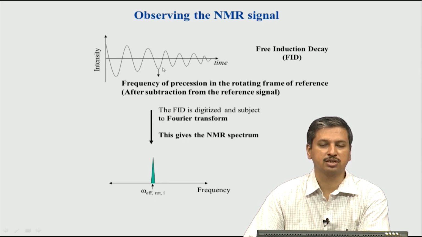Again, remember the concept of the rotating frame is very important. We are not looking at the signal as such; we subtract it from the reference signal and then do a Fourier transform. The spectra which you normally see in day to day life or during analysis are all in the rotating frame, and the frequency is basically the frequency of oscillation.